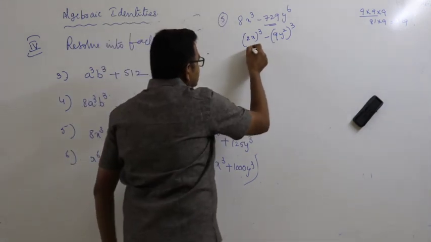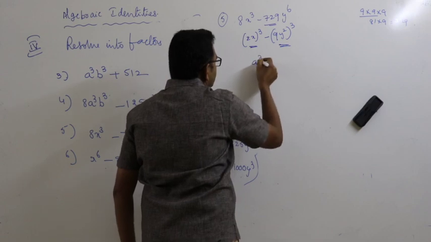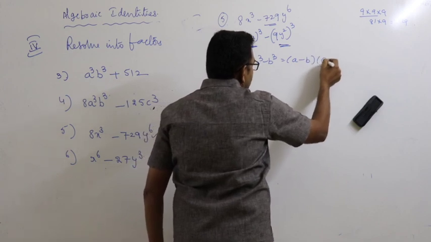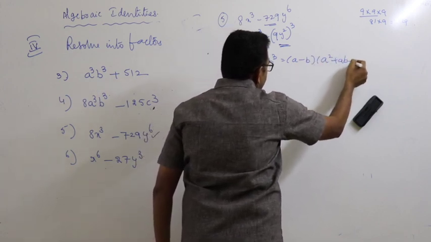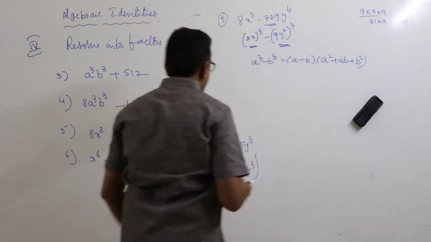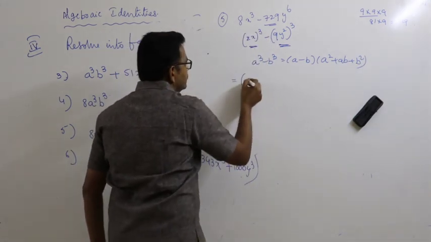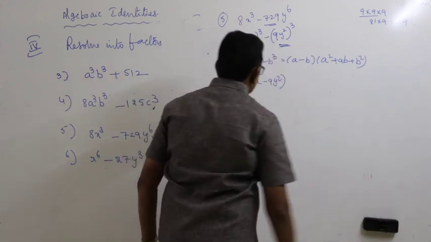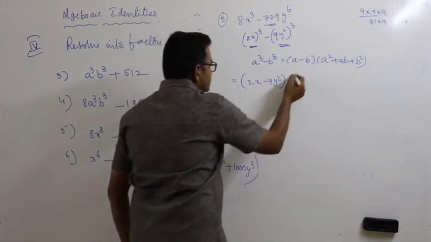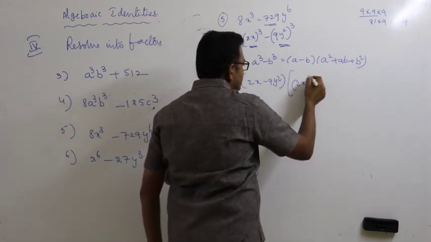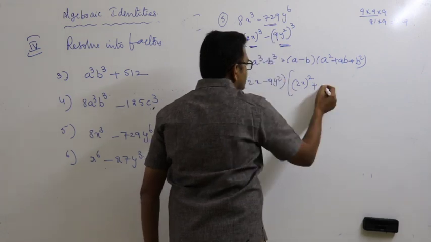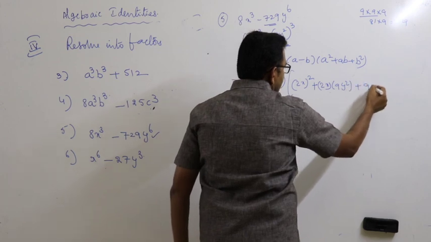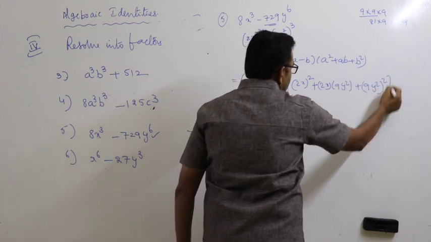So again this is a cube minus b cube formula. So this is a minus b into a square plus ab plus b square. This is 2x minus 9y square into a square, 2x whole square plus ab, 2x into 9y square, plus b square, 9y square whole square.